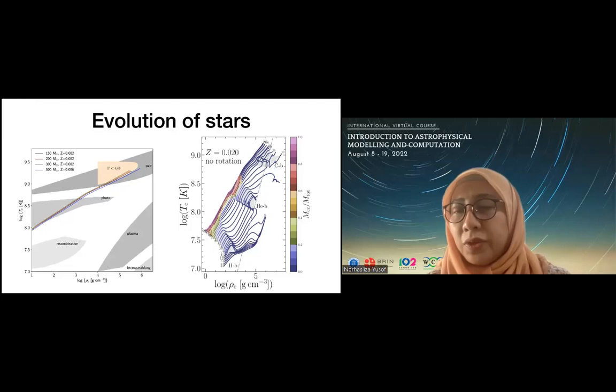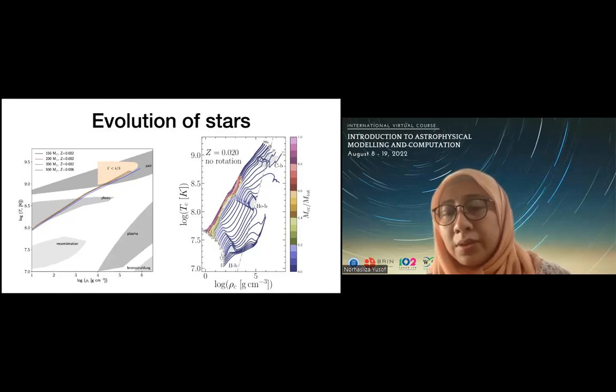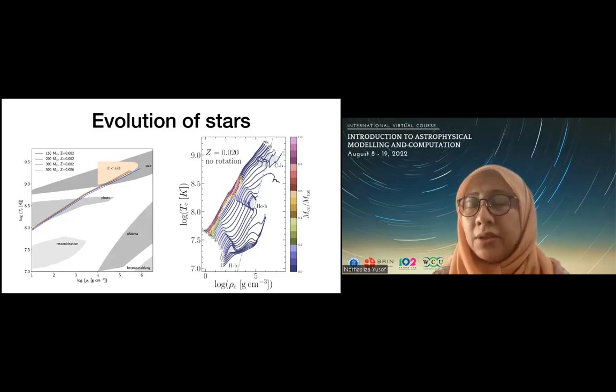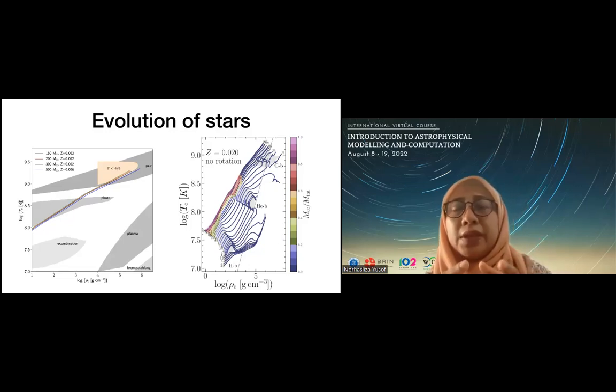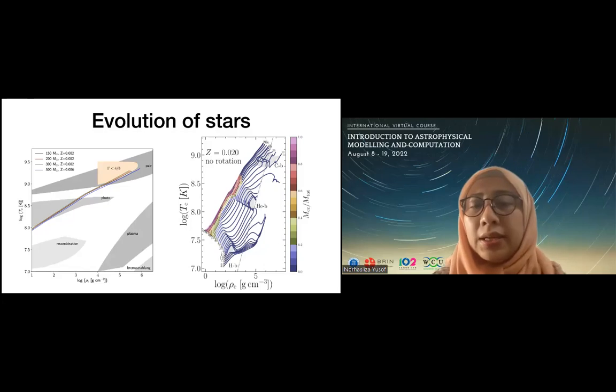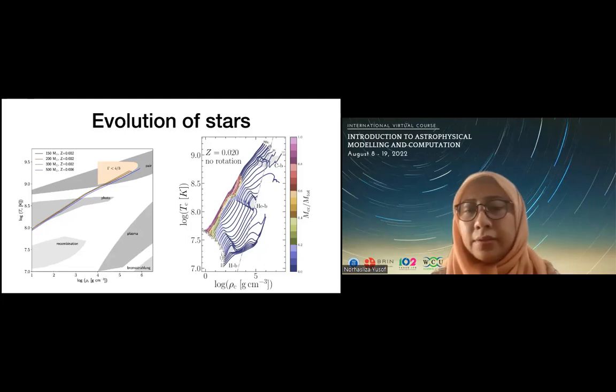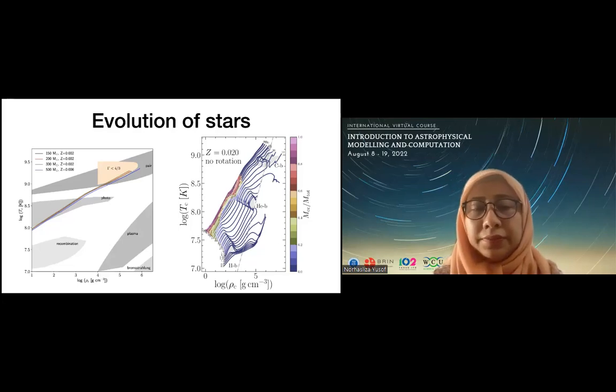This is a grid of models, meaning that we calculate from a very small mass of 0.8 up to 300 solar masses, and we see how the temperature-density relation, which governs our star, evolves with time. We can see that as we go to the higher masses, we have extremely hot and very dense stars compared to the lighter ones.